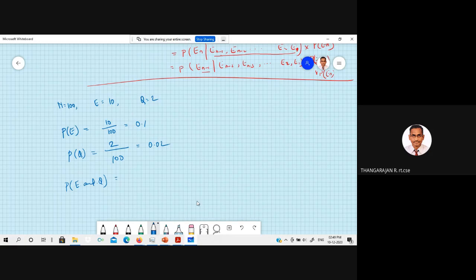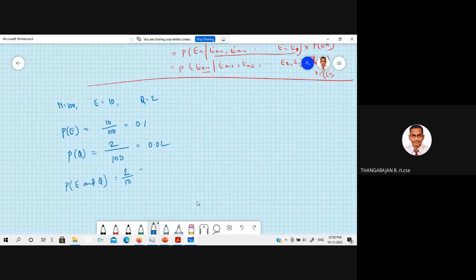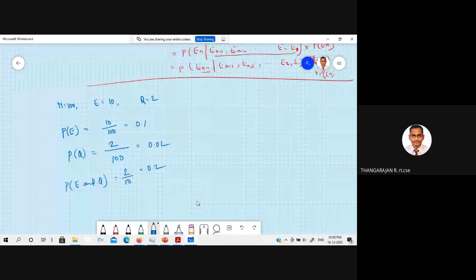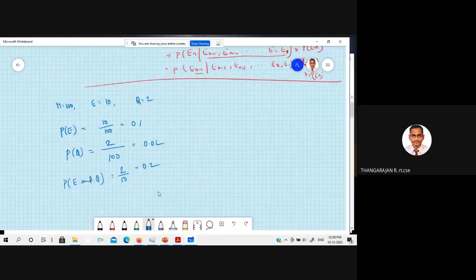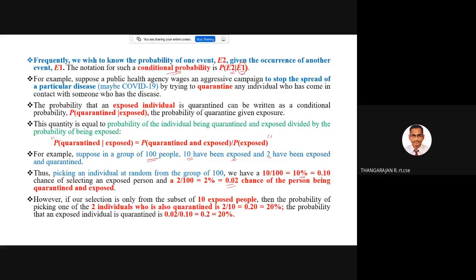You know that the number of persons exposed is 10, and the number of persons who are quarantined is 2. So it's only 2 by 10. The probability that a person is exposed and quarantined is 2 by 10. That's 0.2, that's 20%.